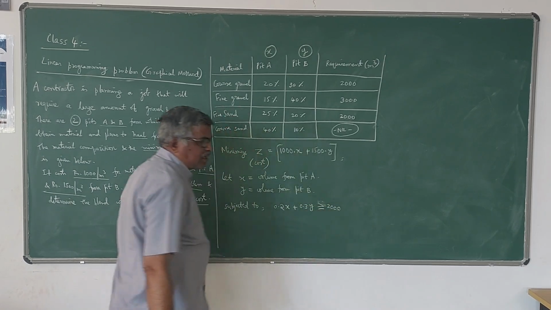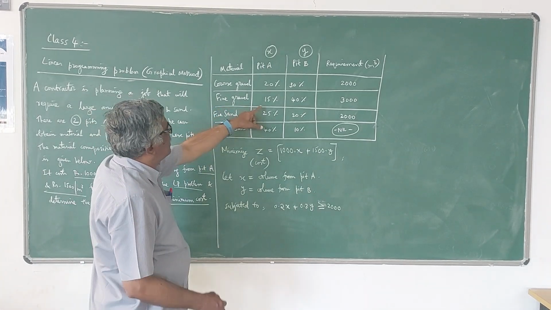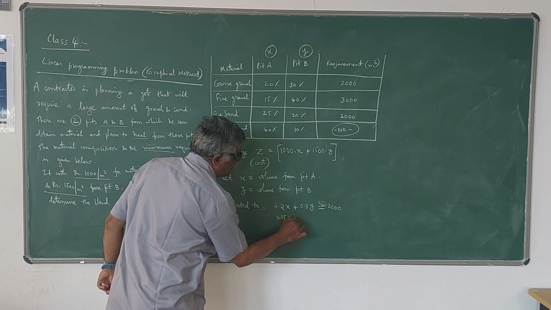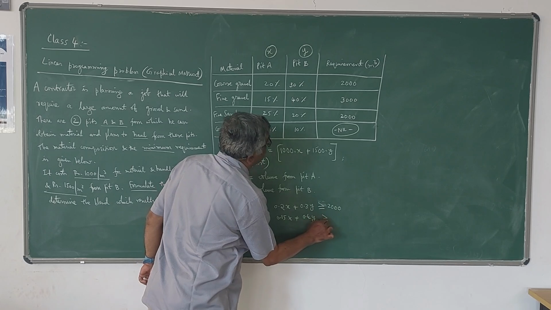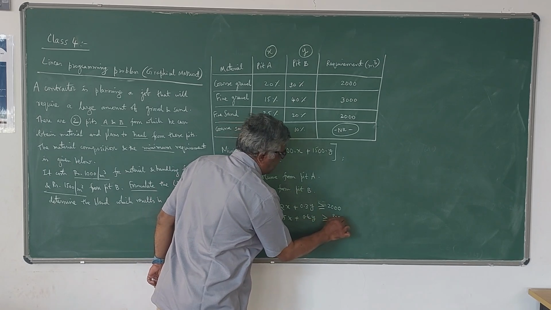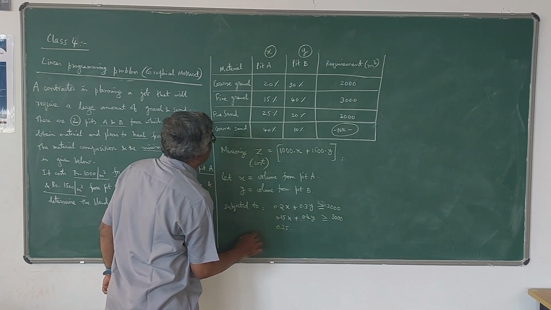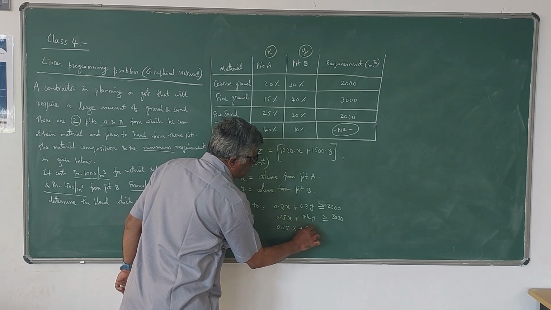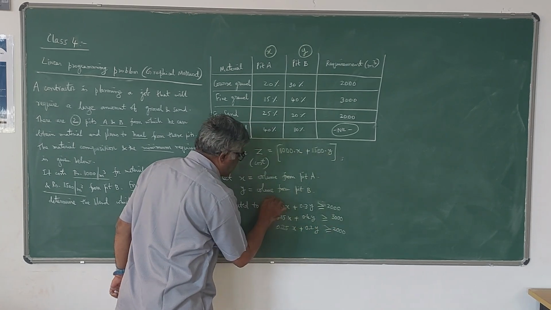This is the first constraint. The second constraint corresponds to fine gravel: 0.15 times X plus 0.4 times Y should be greater than or equal to 3000. The third constraint is this: for the fine sand, 0.25 times X plus 0.2 times Y should be greater than or equal to 2000. Only 3 constraints you can have.